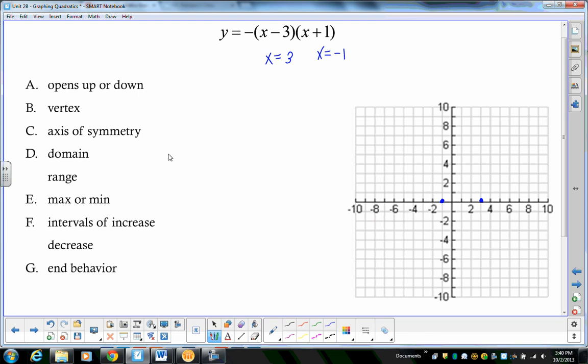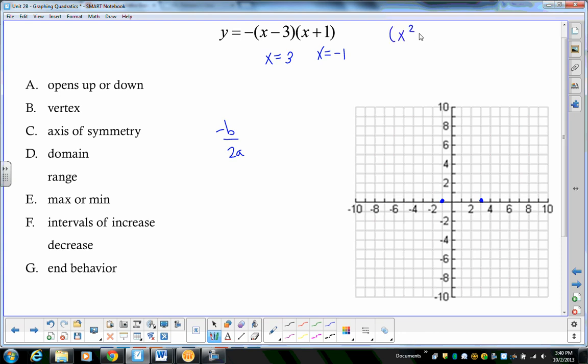Okay, now, if I want to know the axis of symmetry, one way I could figure it out is that it's got to be halfway between these points. But let's go ahead just to practice, and let's use -b over 2a. So if I'm going to use -b over 2a, it needs to be in standard form. So I'm going to go ahead and convert this to standard form. So I'm going to factor it.